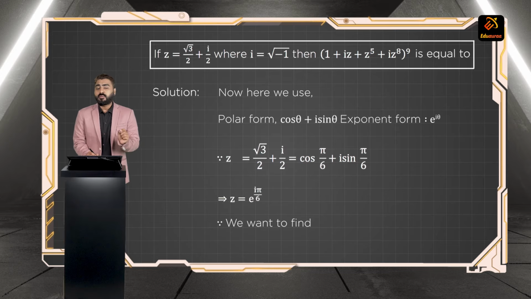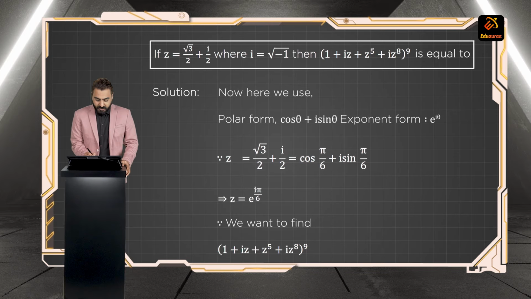So we are supposed to find (1 + iz + z^5 + iz^8) whole raised to 9.